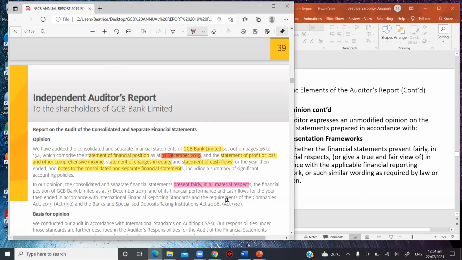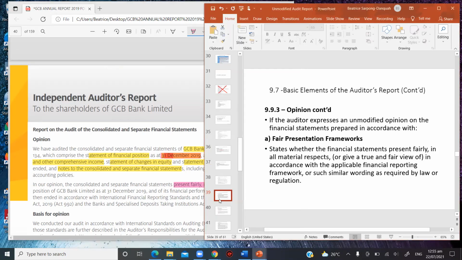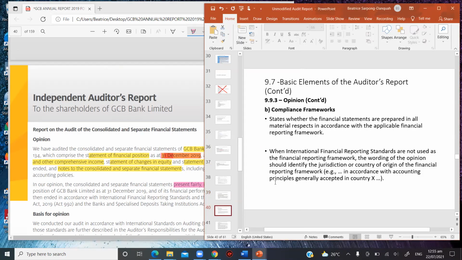And at the end of the day, you also say that it is in accordance with International Financial Reporting Standards and the requirements of the Companies Act and all that. That's also the compliance framework. It states whether the financial statements are prepared, in all material respects, in accordance with the applicable reporting framework.